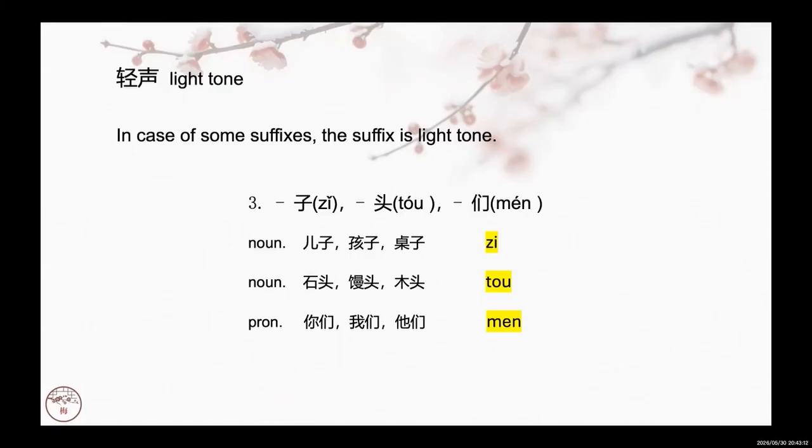Actually, even for native Chinese speakers, 3,500 characters are enough for them, even for people who are doing teaching jobs or investigators' jobs. That's also enough. So if you put more time practicing the pronunciation, I believe it won't take much time for you to reach this 1,000 to 2,000 milestone.